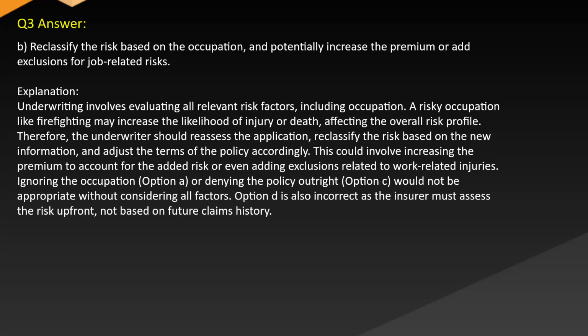Therefore, the underwriter should reassess the application, reclassify the risk based on the new information, and adjust the terms of the policy accordingly. This could involve increasing the premium to account for the added risk or even adding exclusions related to work-related injuries. Ignoring the occupation, option A, or denying the policy outright, option C, would not be appropriate without considering all factors. Option D is also incorrect as the insurer must assess the risk upfront, not based on future claims history.